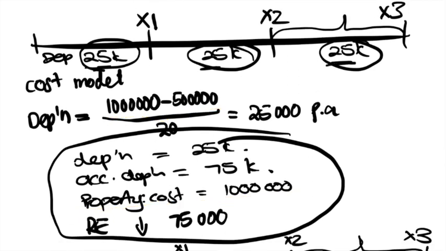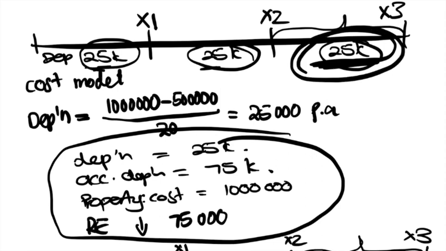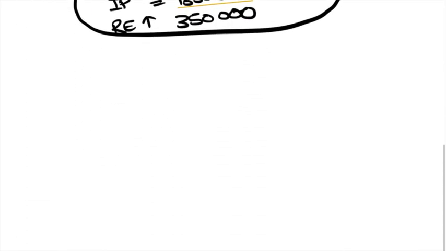The first thing we have here is that we've already recognized a depreciation expense of 25,000, but we know that that depreciation should not be recognized because it's the fair value model, so we're going to have to reverse that depreciation.